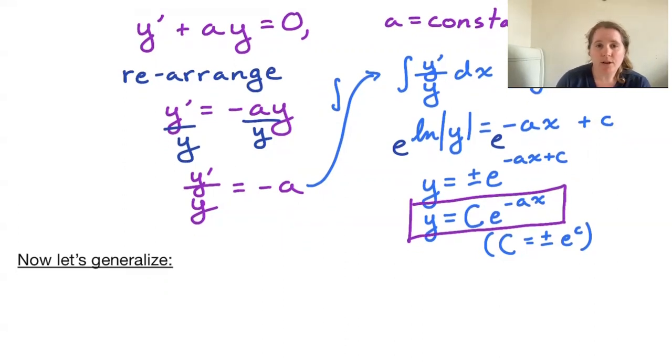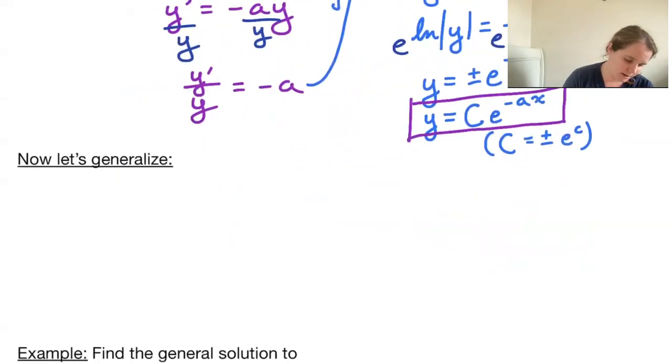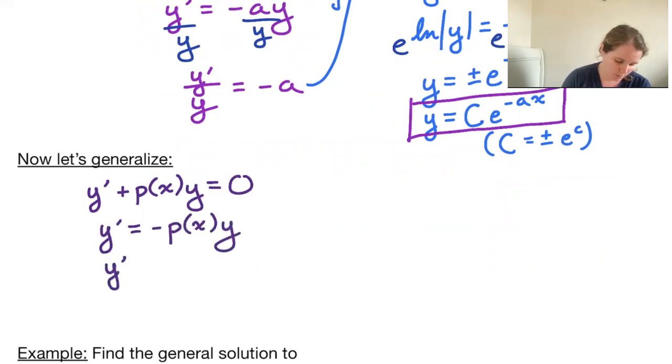If we wish to generalize this, let's take a look at y prime plus p of x times y equaling 0. We're going to play the same game here. So we have y prime is equal to negative p of x times y, or y prime over y is equal to negative p of x.